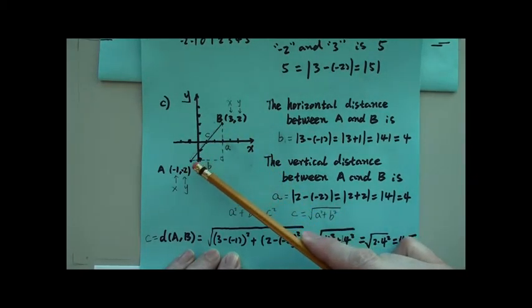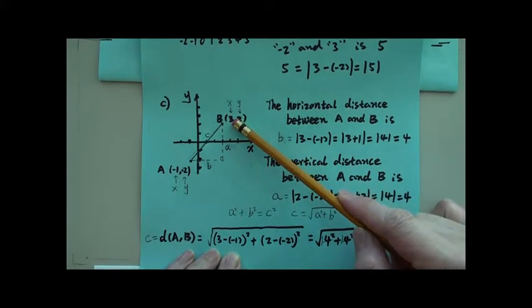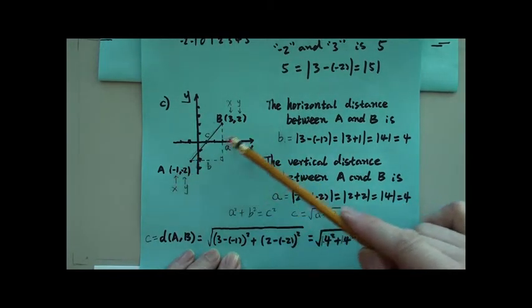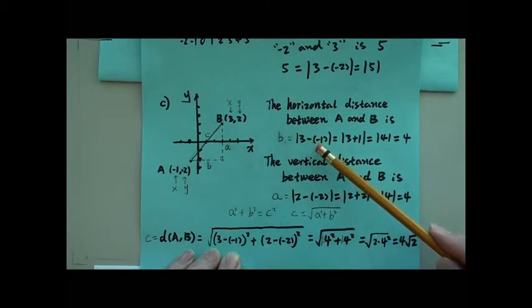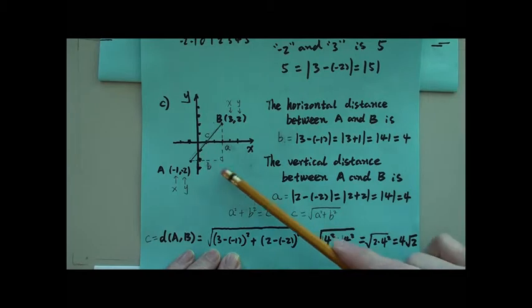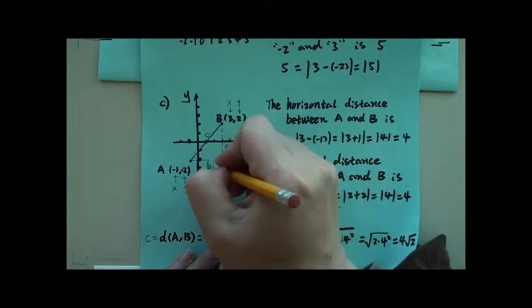It's this long from here to here. That's B. The horizontal distance would be 3 minus negative 1. That's the horizontal x direction. 3 minus negative 1 is 3 plus 1, which is 4. Choose absolute value, it's still 4. So this B is actually 4.